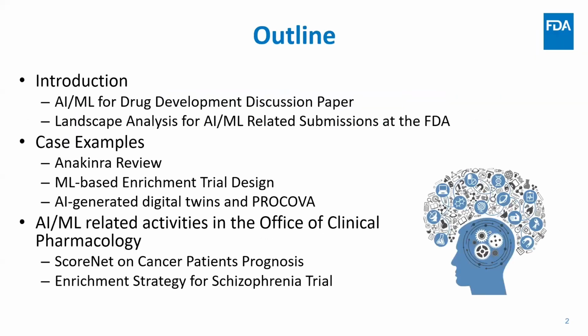Here is an outline of my topic today. First, I will talk about the AI machine learning landscape, basically a trend analysis for submissions to the FDA. To illustrate the practical application of AI machine learning in drug development, I will discuss three particular examples. The first one is an anakinra review, which showcases how AI machine learning techniques can be used to inform FDA's regulatory decision.